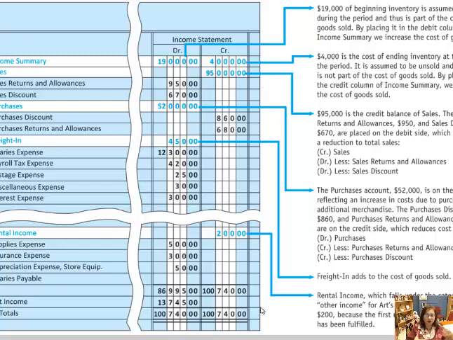We have to minus the returns and allowances because that goes against, that's our cost that we're subtracting from the money that we could have made on the purchases and all, of course, on the sales discount. And we're adding, of course, the expenses of the freight, the salaries, payroll, postage, miscellaneous, interest expense, supplies, insurance, the depreciation, so that we can come up to what our net income is, right?